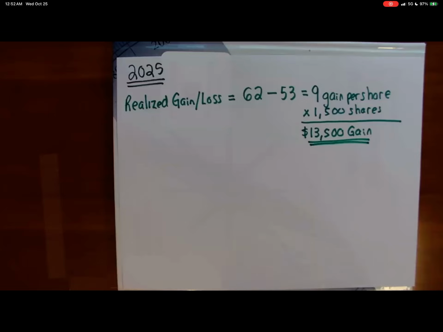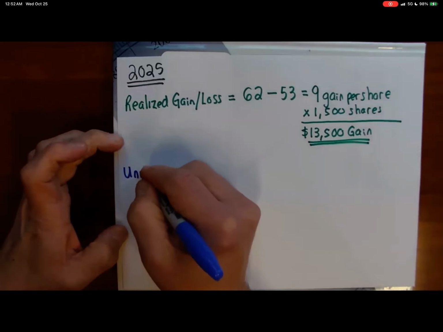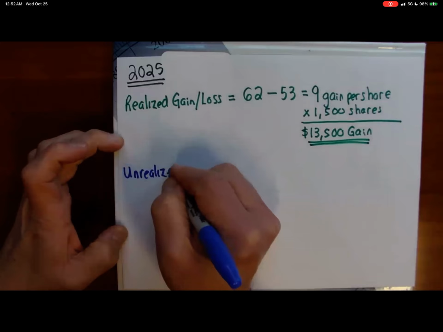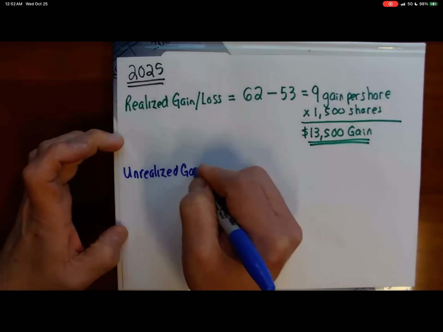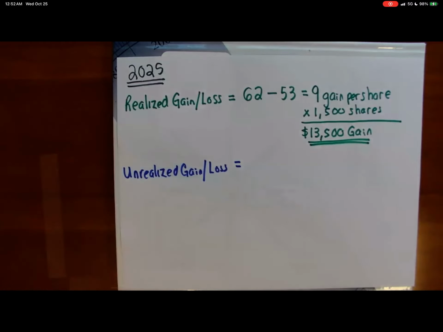Hey, Matthew. Next thing we got to do is come up with the unrealized gain or loss for the year. Can you give me the numbers to do that? So we'll have to take the original 15,000 shares, then take out the ones we sold, which are 1,500.